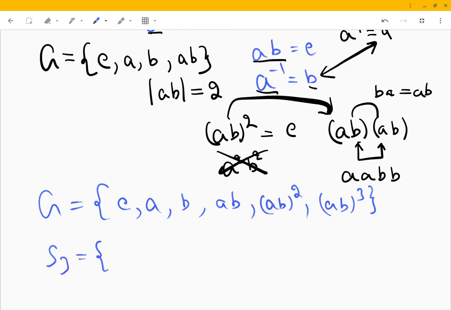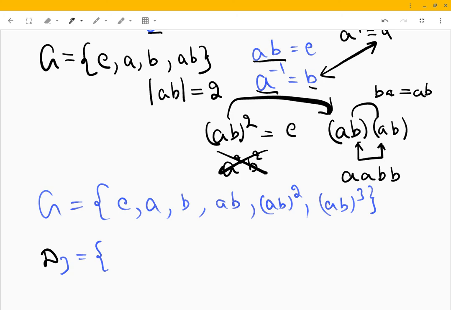S3 has E, A, B, C, D. Or maybe D3. Wait, instead of S3, I'll take D3.